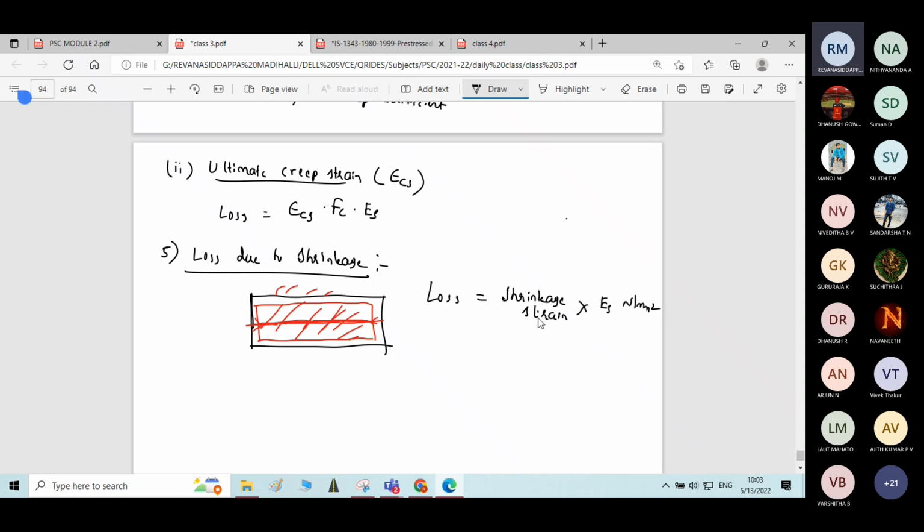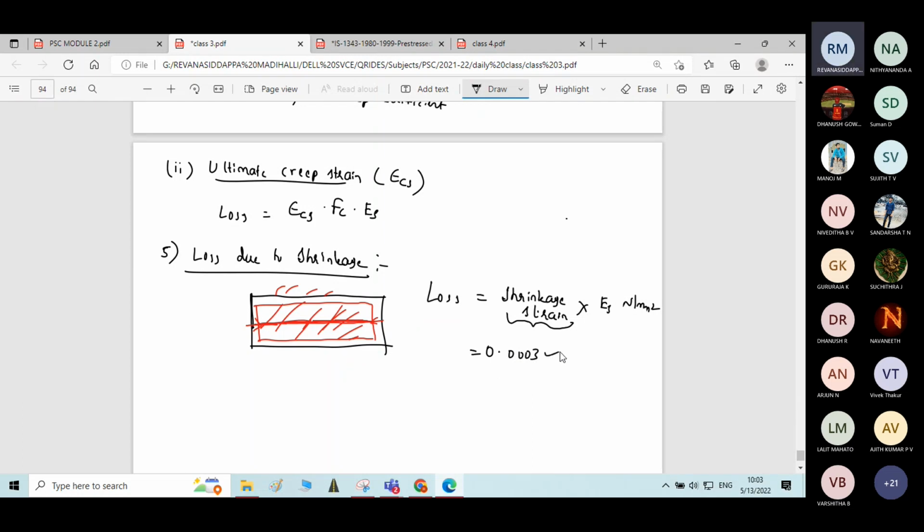By using this formula, we will calculate loss due to shrinkage. The value of the shrinkage strain depends upon whether the member is pre-tensioned or post-tensioned. If it is a pre-tensioned member, the shrinkage strain value is taken as 0.0003.